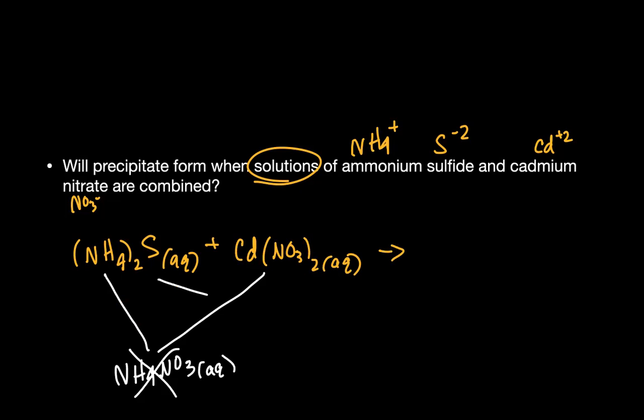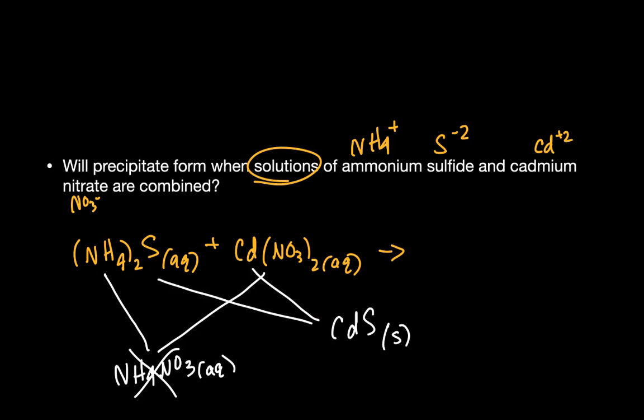The other possible compound is cadmium sulfide. So then you have to go to rule number 6. Most sulfides are insoluble except those of calcium, strontium, and then rule number 1, sodium, potassium, ammonium. Cadmium is not one of those exceptions, so this will be an insoluble solid.